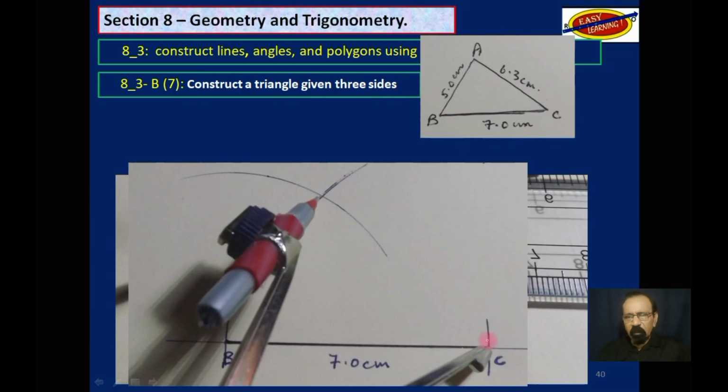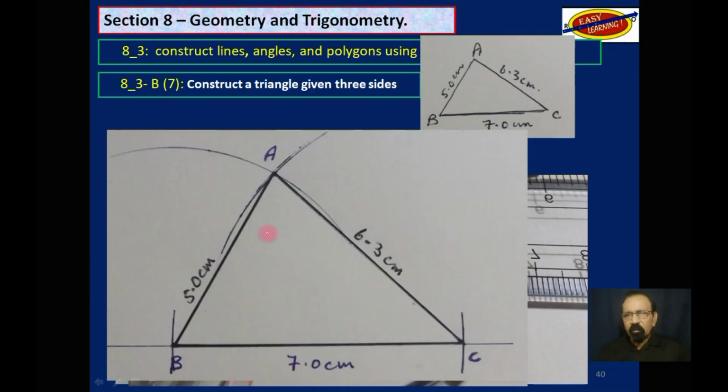Then we will put the metal point here at C and make an arc like that to cut that original arc, which means that this point here is both 5.0 centimeters from B and 6.3 centimeters from C, that point there. So all we have to do is draw bold lines from A to B and from A to C, finish the labeling, and that is the required triangle.